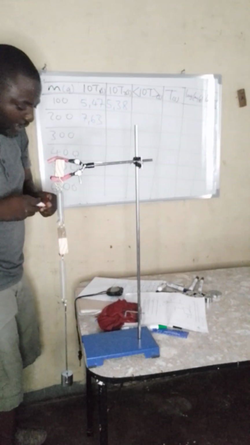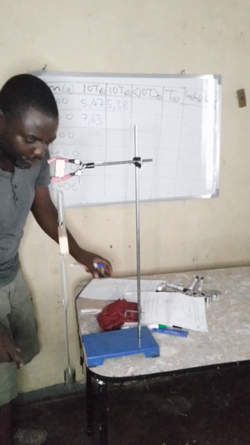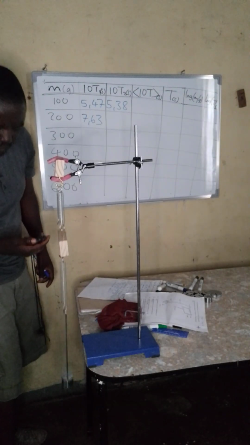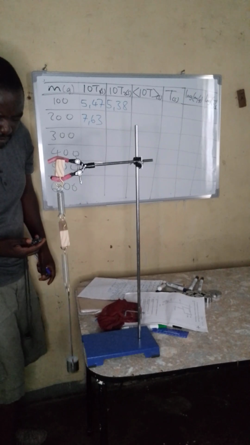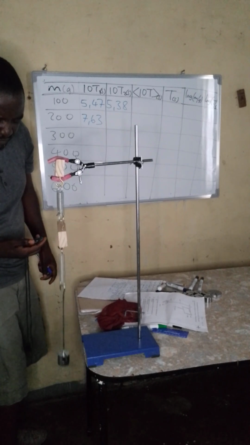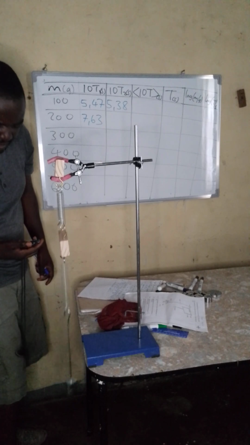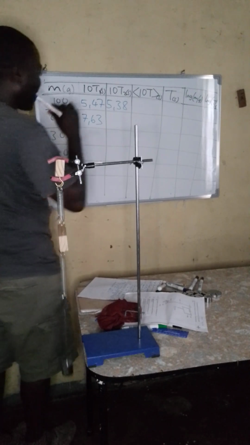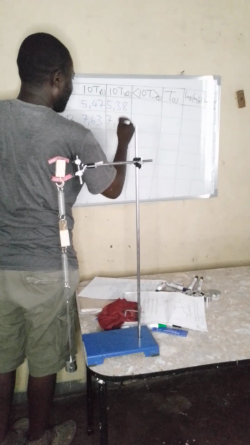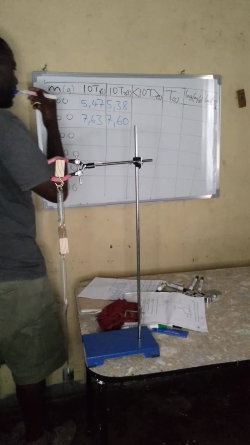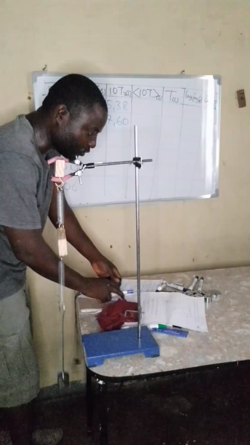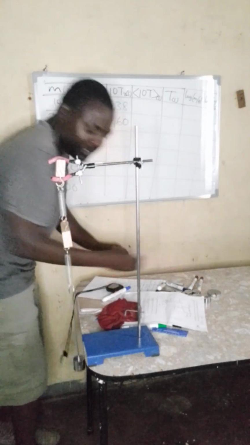Doing it again: 0, 1, 2, 3, 4, 5, 6, 7, 8, 9, 10. 7.60. Then we should redo for 300 grams.